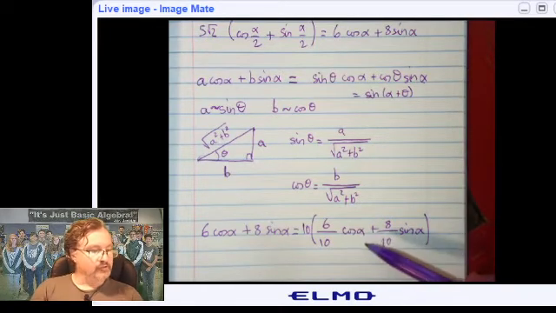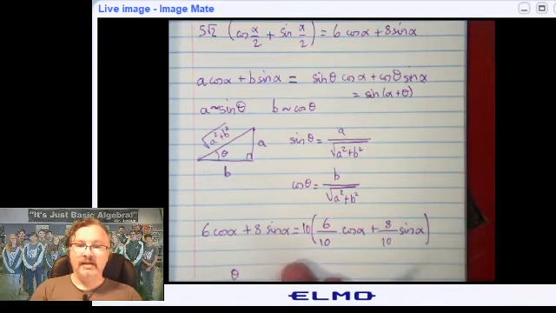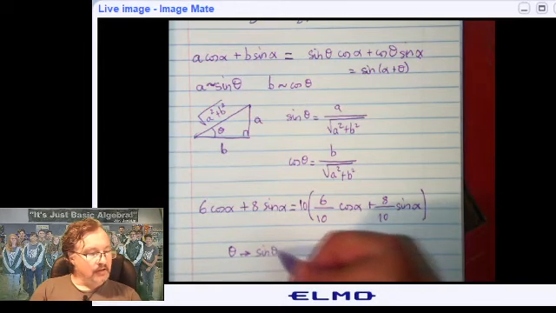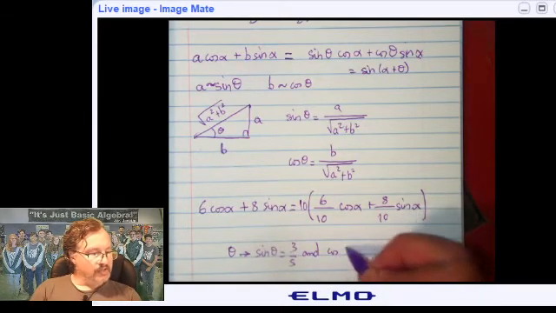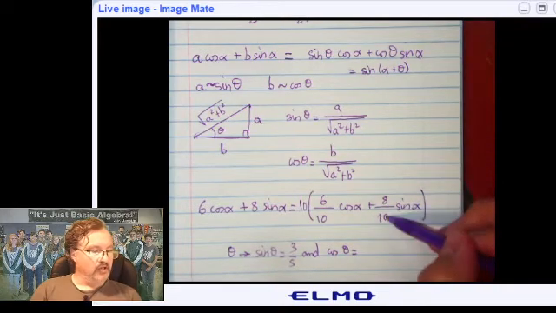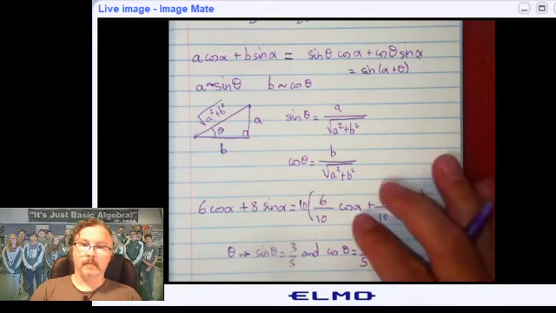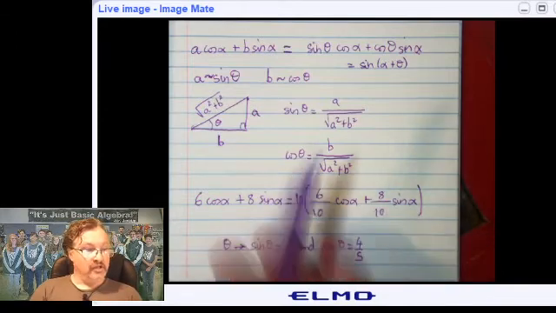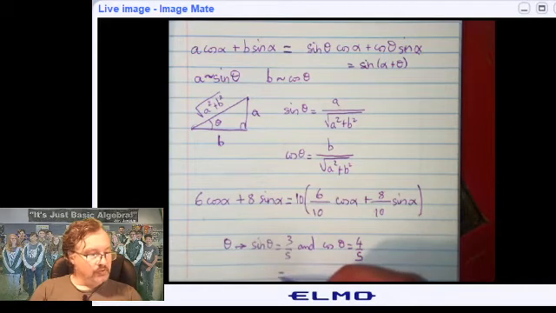Well, we can say at this point that there is going to be an angle theta defined by saying that sine of theta is equal to 6 over 10 or 3 over 5, and that the cosine of that same angle will be equal to 8 over 10 or 4 over 5. Okay? So this angle theta is defined now, which then allows us to rewrite the fact that this expression is equal to 10.